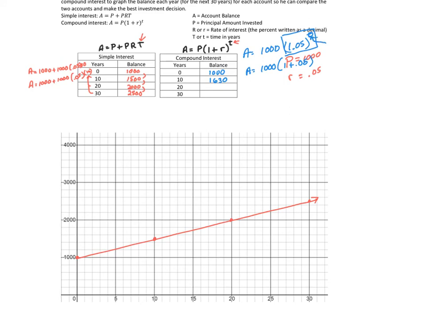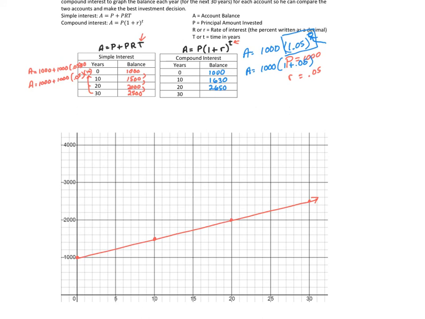I'm just going to go back in there and change that exponent to 20. And I got $2,653.29. So I'm just going to say $2,650. Roughly, we're within $3.30. Okay. After 20 years, that's not too bad.